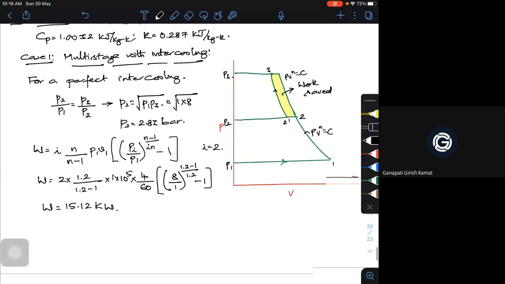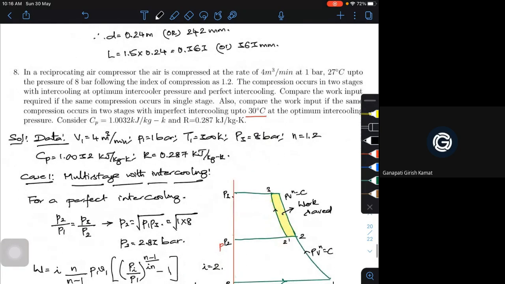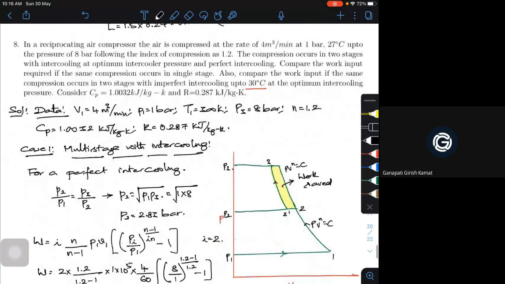Okay, so what else are we supposed to find? We are supposed to compare the work input. If I want, I can also find the mass flow rate.